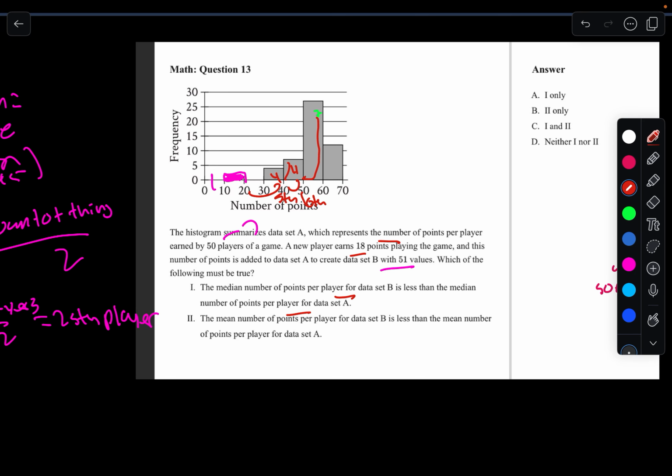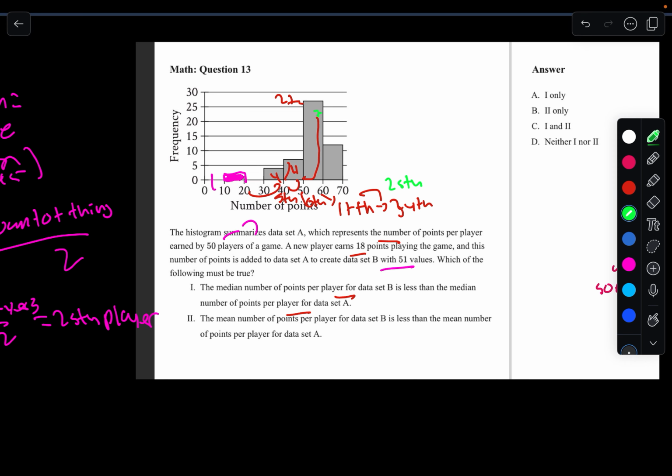And then right here, this is the 17th player. What's the frequency? This is around 27. So from the 17th player to around the 34th player, it's somewhere around here. And so the 25th player is somewhere around here.